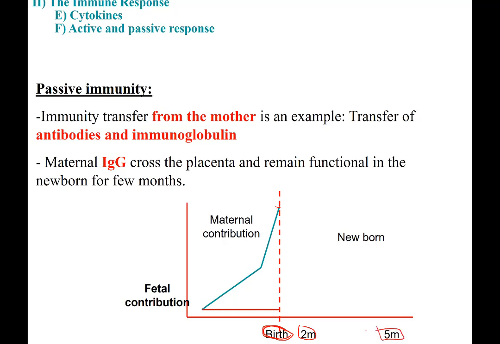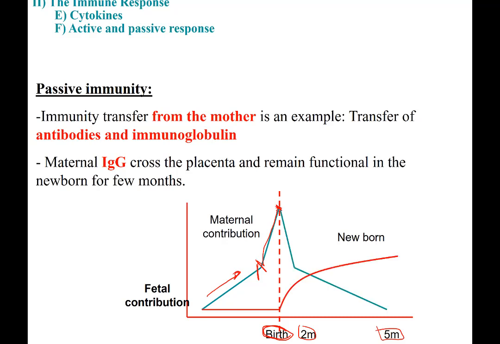Before birth, during the pregnancy, there's a progressive increase of production of maternal IgG, maternal immunoglobulins, and slowly but surely over the first 8 months of the pregnancy, the mother is going to contribute to the immune system of the baby. But it's really during the last month or 3 weeks of the pregnancy that the mother is going to have a boost of those immunoglobulins, and there's a rush of those immunoglobulins to the baby to prepare for the labor and for the birth.